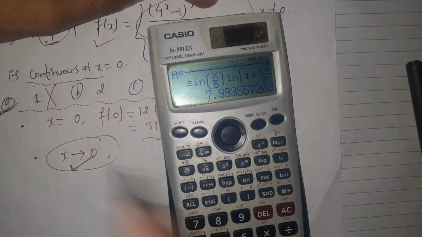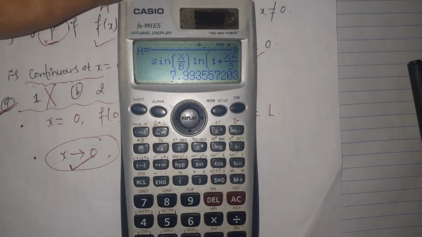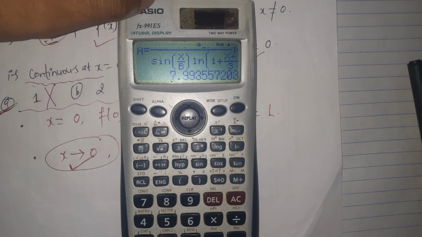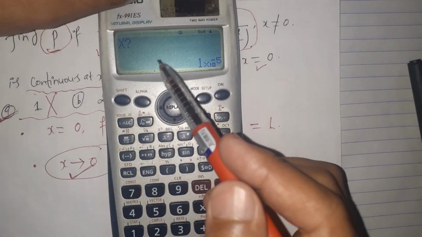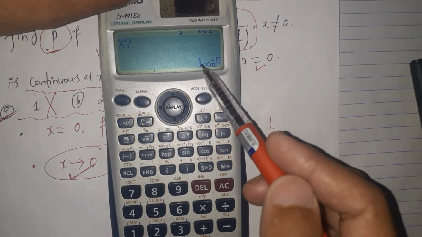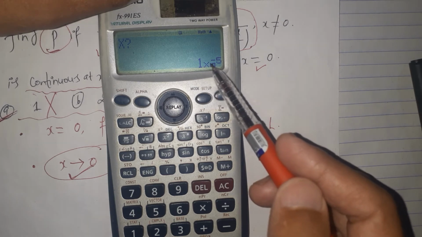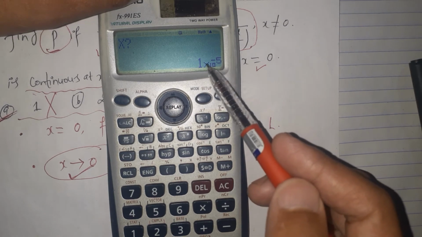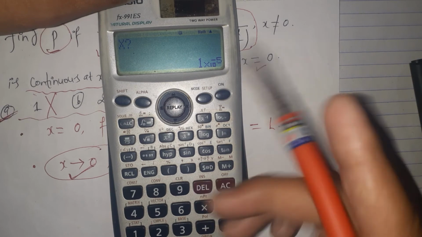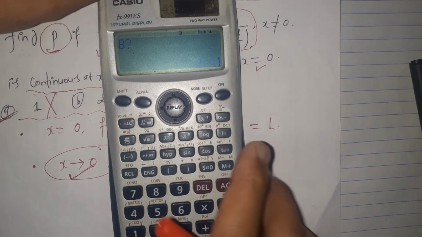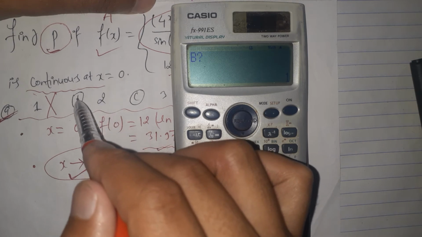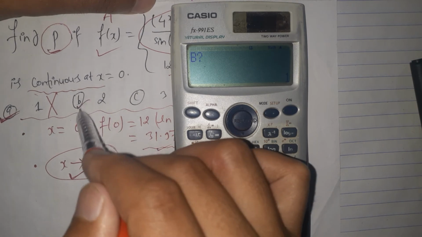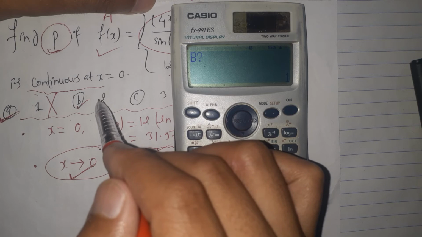Let's try option B, and then for the next inputs press the equals to button, and the value of the x is taken 0.0001. It is very closer to 0, so it is accepted. Let's check on the next option. Option B is 2.